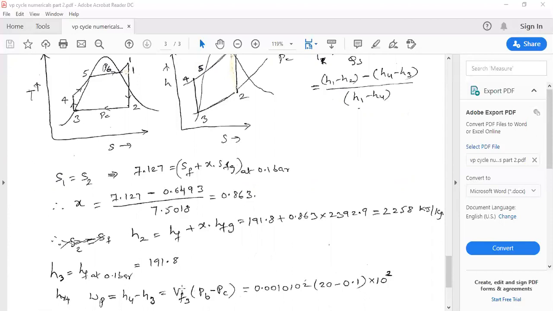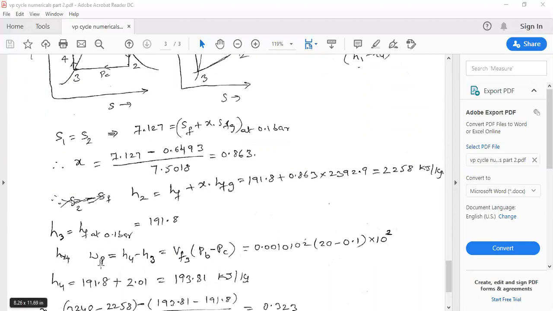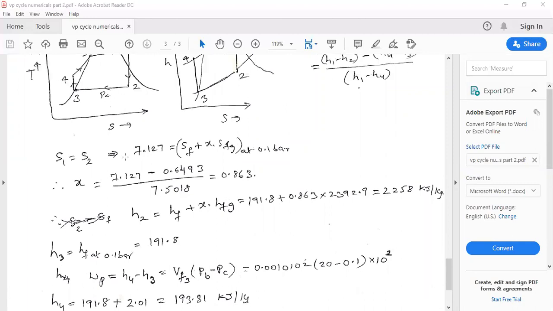VdP means the volume of the fluid remains constant, and dP, the pressure, is changing from condenser pressure to boiler pressure, because you are pumping from condenser pressure to boiler pressure. So use this expression: WP is equal to H4 minus H3, which is equal to VF3, the volume of the fluid, into boiler pressure minus condenser pressure.